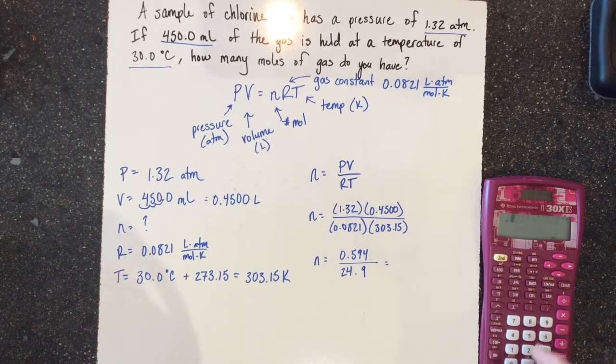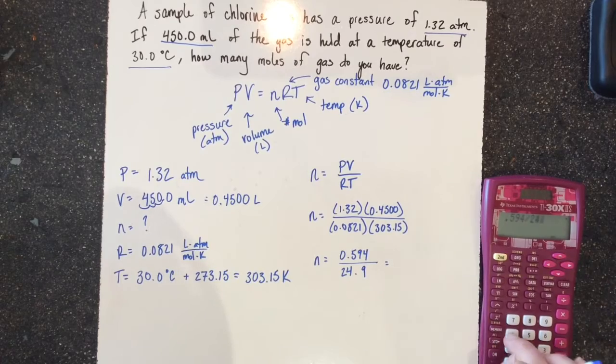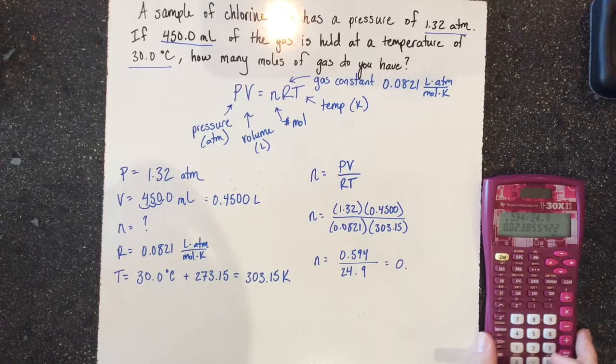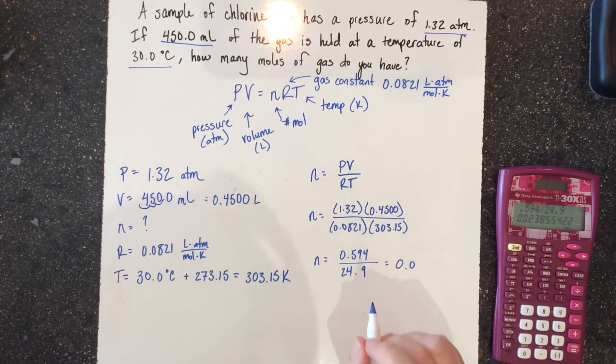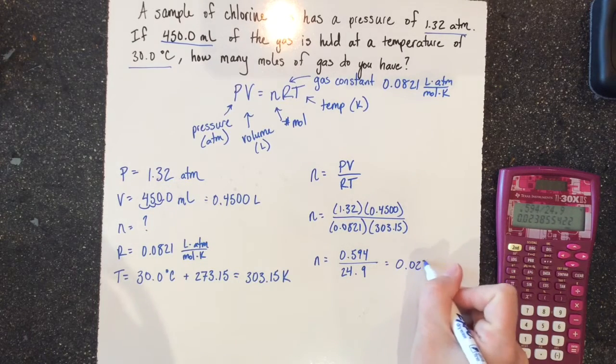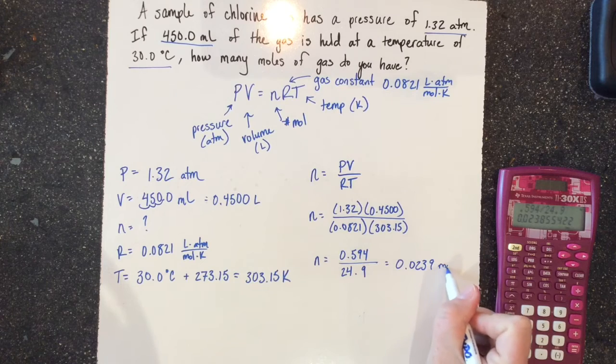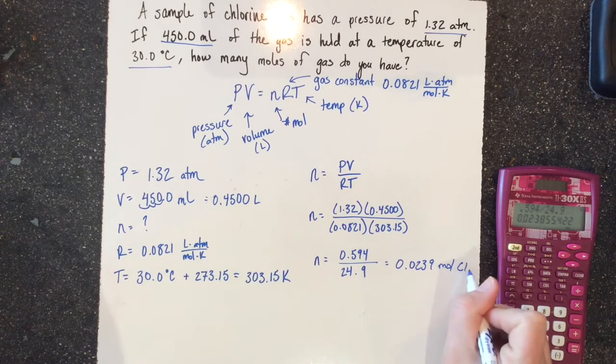So now I'm going to divide 0.594 divided by 24.9, and 3 significant figures in our answer, so 0.0239. That's how many moles of chlorine we have, and chlorine is Cl2.